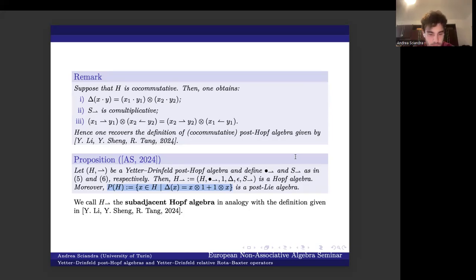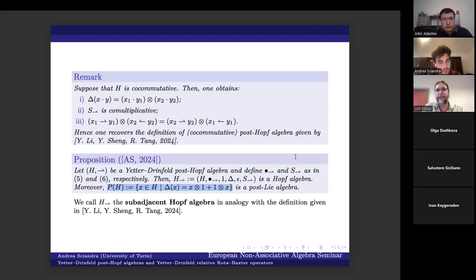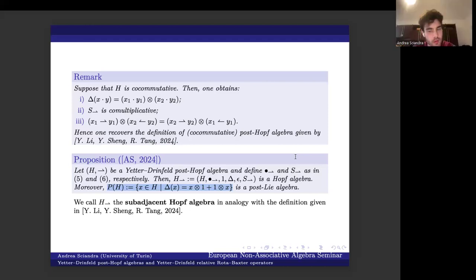I had another question. In the classical post-Hopf algebra, if the first structure is trivial, if the bracket is trivial, you obtain a pre-algebra. Do you have something like this, a sort of pre-setting instead of the post, where the pre-setting would be trivial, as in the case of post-Hopf? So in the case of post-Hopf, pre-Hopf algebras are when the multiplication is commutative.